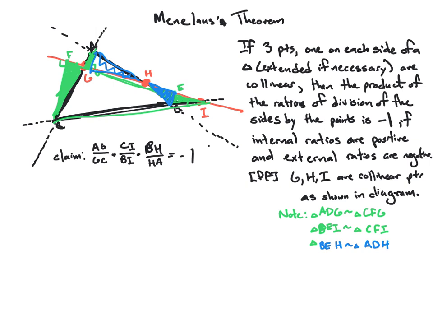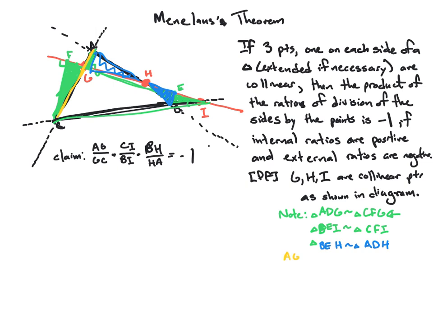Now all that's good because similar triangles have constant side ratios. So if we look at the first one, we can consider ratios here. For instance, I can look at the hypotenuse of this first set right here, where we take AG and GC.